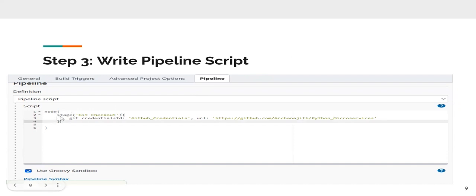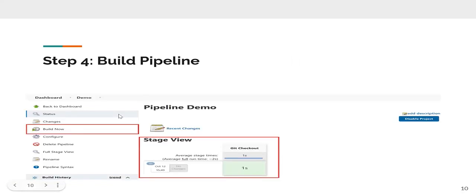There's a stage, which depicts the first stage for our code, that is checking out the Git. The code lies between this. Once you've built your pipeline syntax, you can then build your pipeline. As you can see, this depicts the status of your pipeline, and the stage appears here.